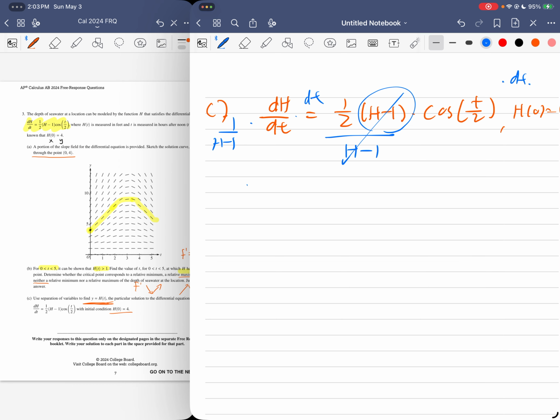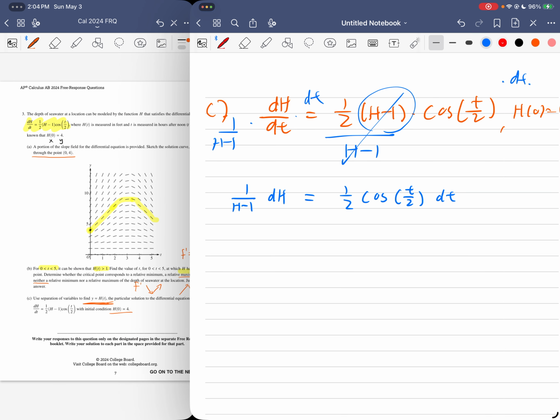So it's going to be 1 over h minus 1 dh is equal to 1/2 cosine of t over 2 dt. By the way, if you want to move the 2 over here, that's totally fine. So we have a dh here and a dt here.